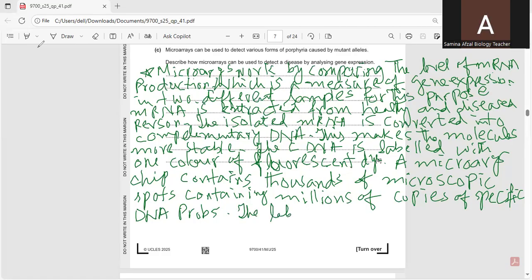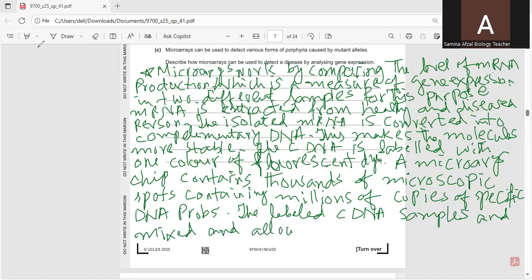The labeled complementary DNA samples are mixed and allowed to hybridize.